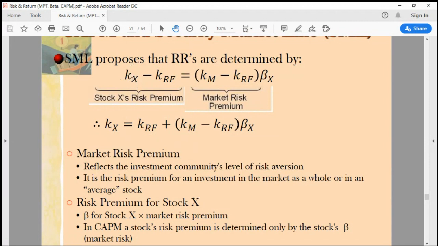And so think of this as Y: Apple's risk premium, the cost of equity minus the risk-free return. And this is X: the market risk premium. X is the independent variable and Y is the dependent variable.